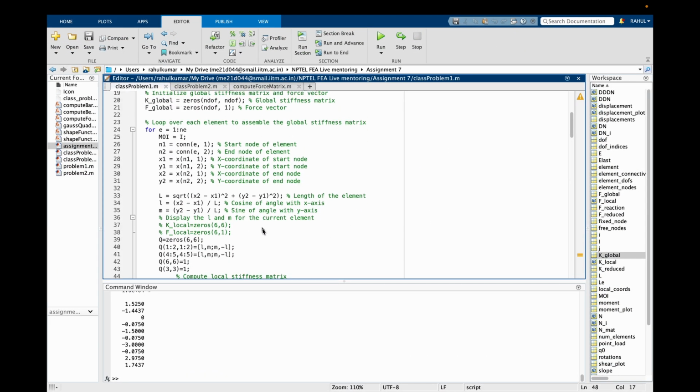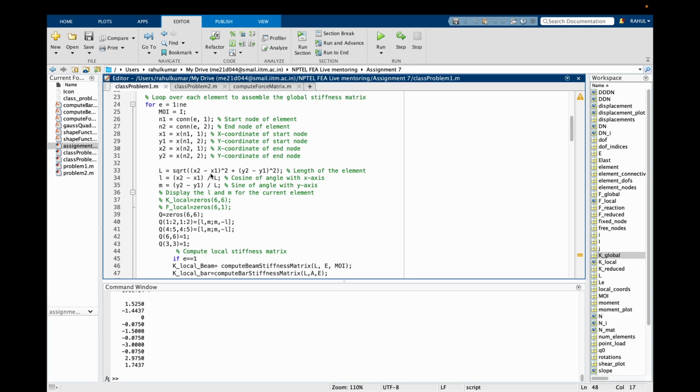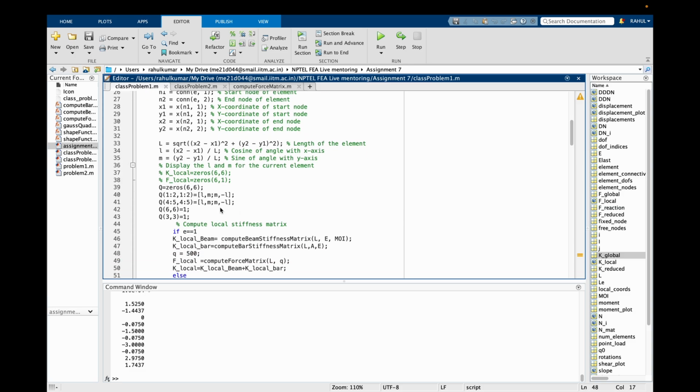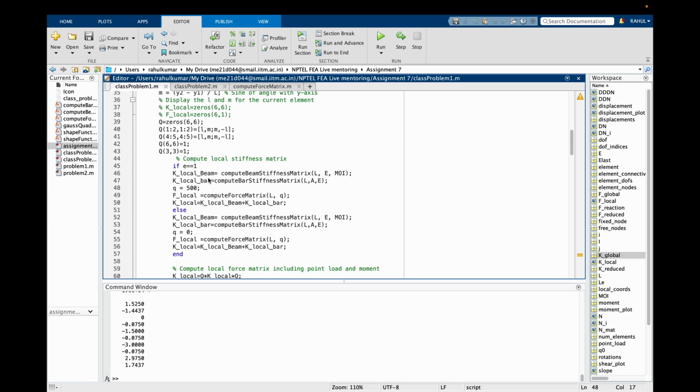First we will find L and M and the length of each element, and accordingly we will write the transformation matrix. So this is the transformation matrix.